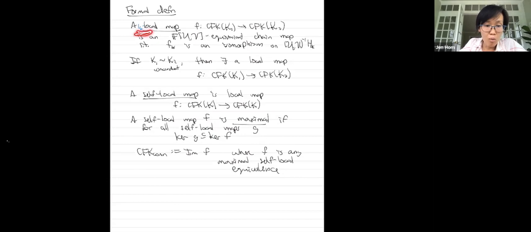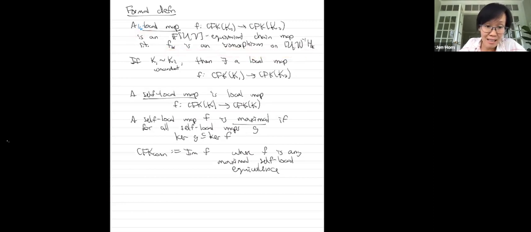local map. We wanted it to satisfy the same properties as before, but we also wanted it to play nicely with respect to iota. You might think that should mean that f should commute with iota k, and you'd be right, except everything's really up to homotopy.